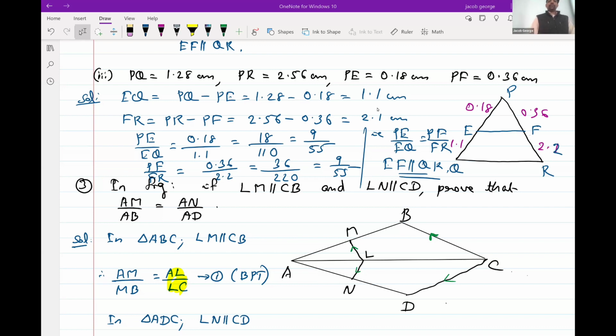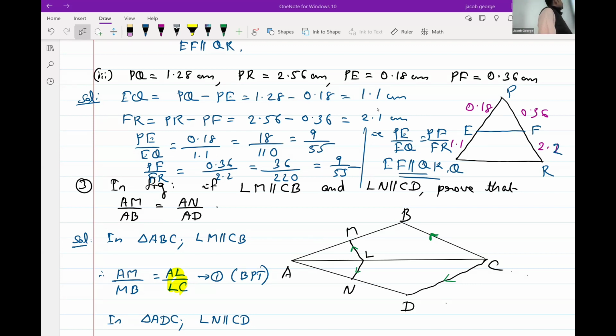Prove that AM by AB is equal to AN by AD.